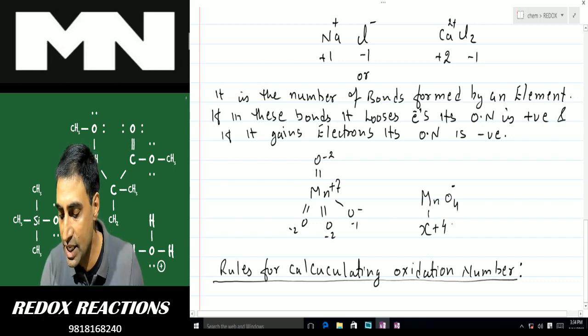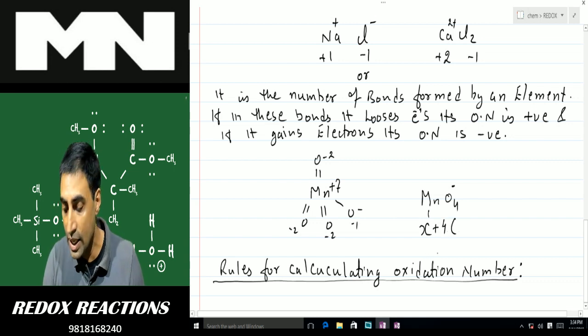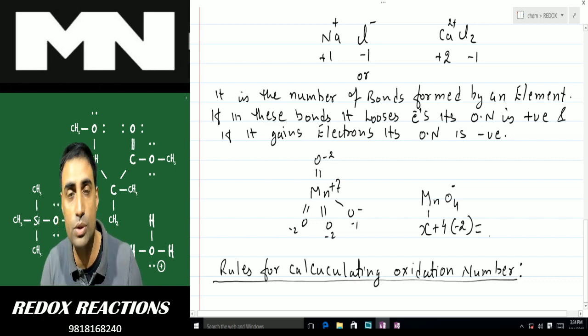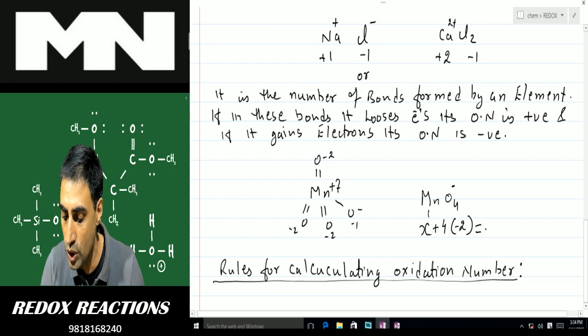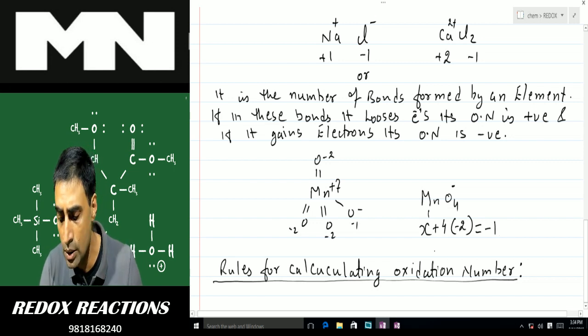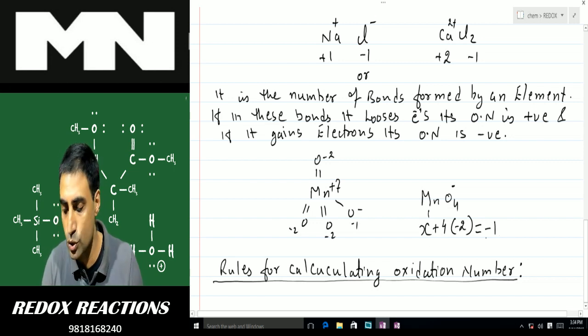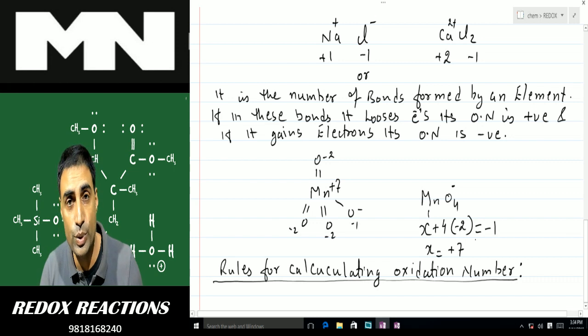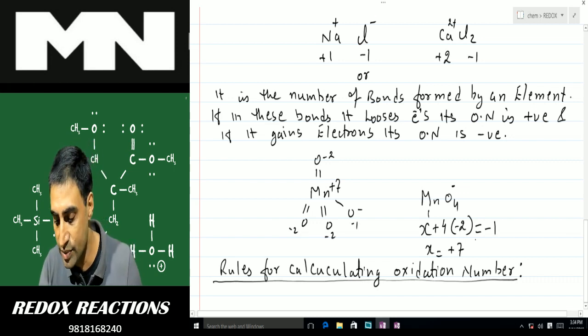Here I have 4 oxygen atoms, and oxygen in most of its compounds exhibits an oxidation number of -2. So X plus 4 into -2 is equal to the charge on the molecule, that is -1. Here X comes out to be +7. That's why the oxidation number of manganese is +7.